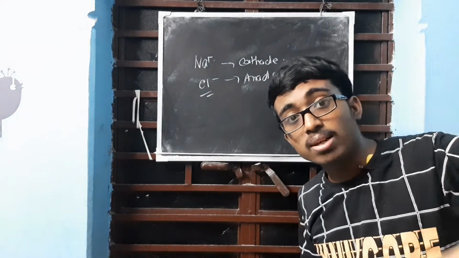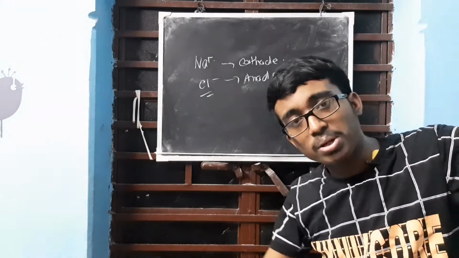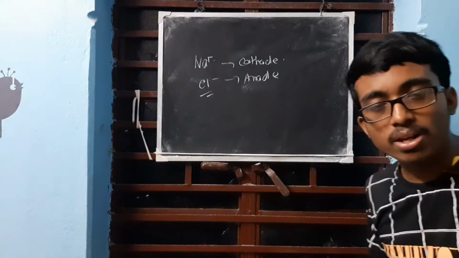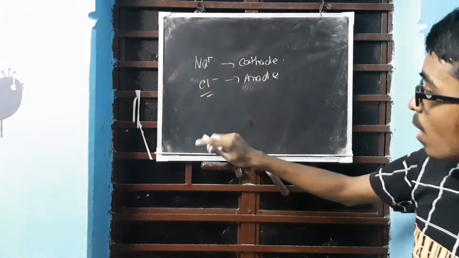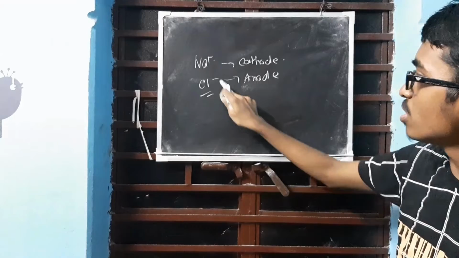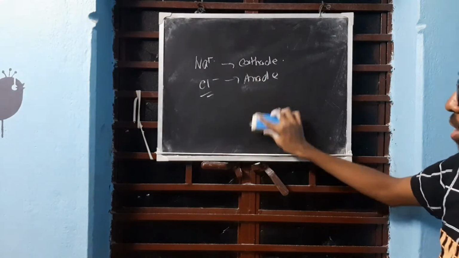So metals will go to cathode, negative elements, that is the non-metals, will go to anode. So you can call the cathode the electropositive electrode and the anode the electronegative electrode. Clear? I am coming to this a little later when I tell you about oxidation and reduction, then we will be discussing this.